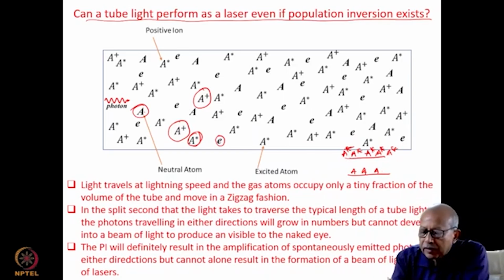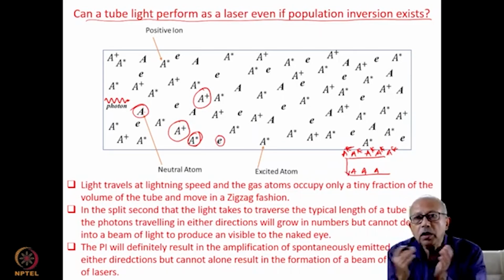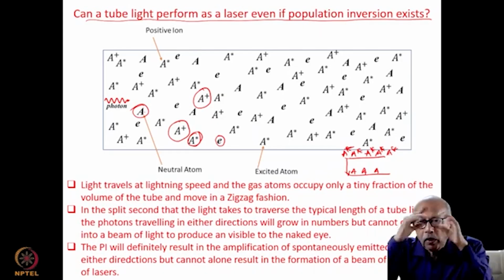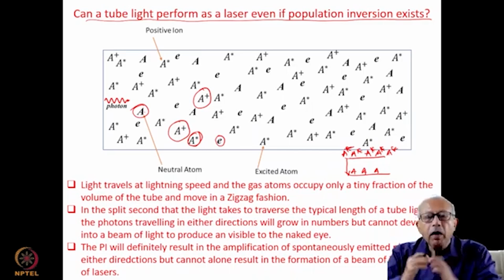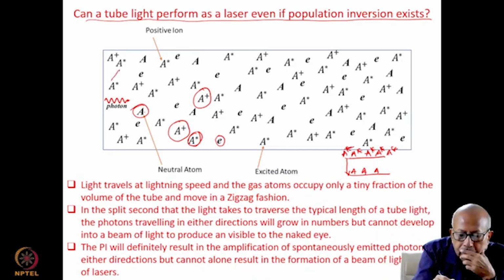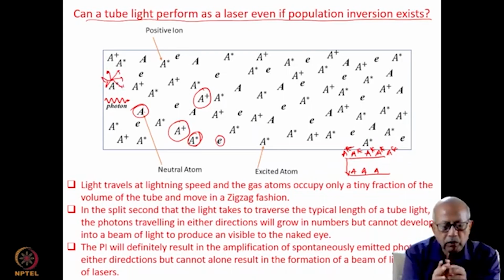Now, as these excited atoms begin dropping down to the ground state, they will emit photons spontaneously all around. Basically, the photon will travel in 4 pi. So in 2 dimensions, I show that as the excited atoms come down, they are emitting photons.